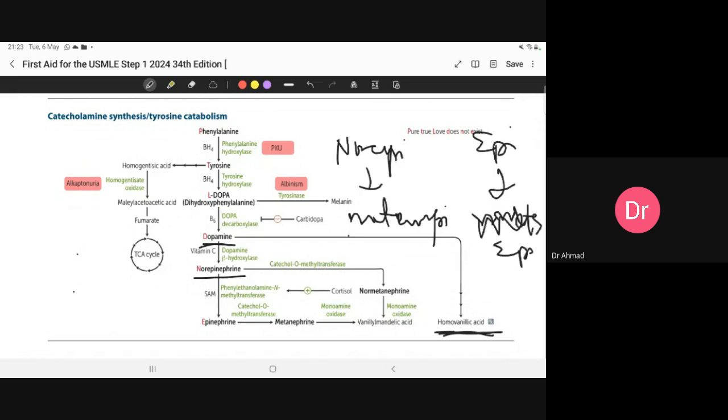The word you need to consider here is the meta word. Whenever you convert norepinephrine to normetanephrine, you utilize the COMT enzyme. The same enzyme helps with the conversion of epinephrine to metanephrine, again COMT.